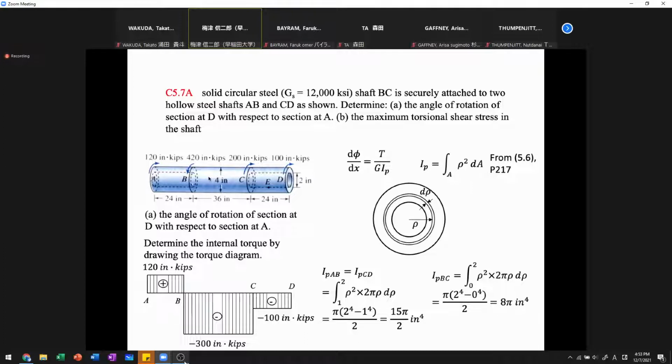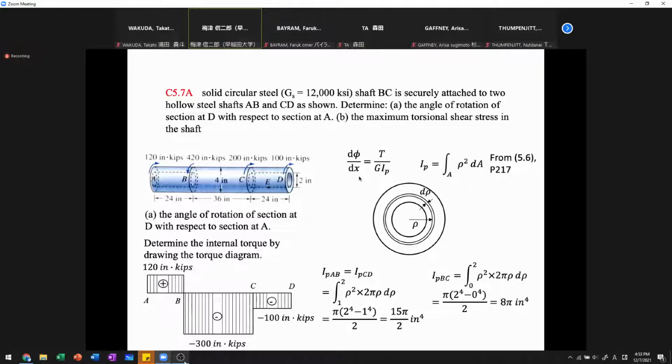Okay, so IP is changed. So between AB, between BC, and between CD, T, G, and I are constant. So it is very easy for you to integrate this and get phi from this equation.